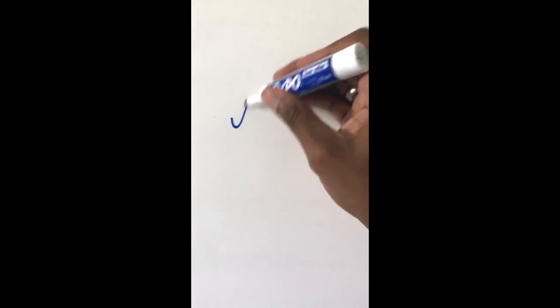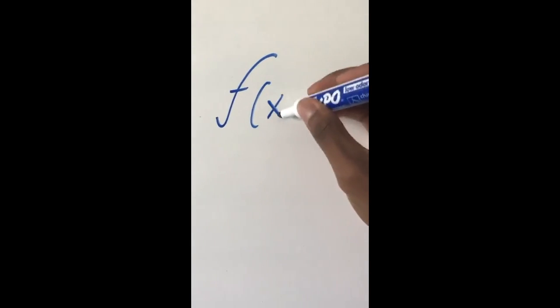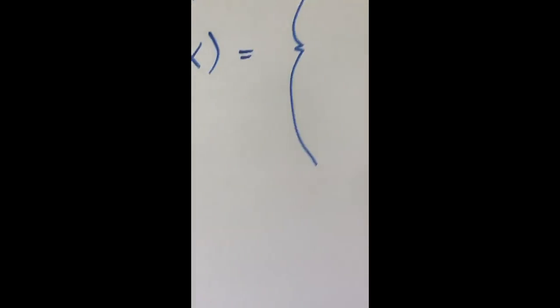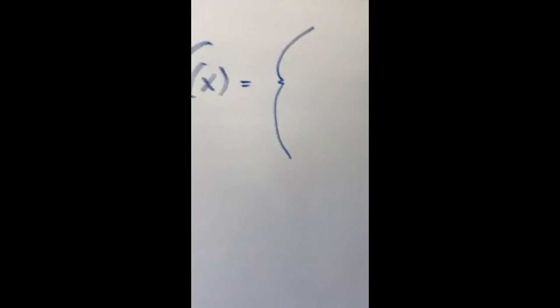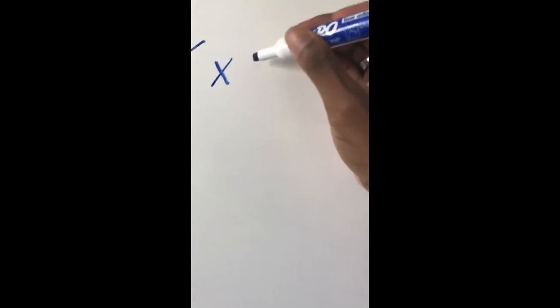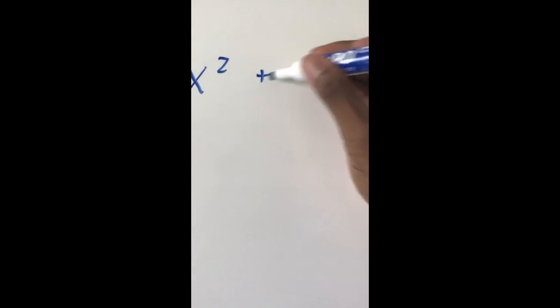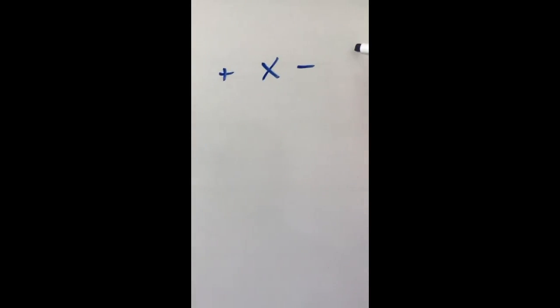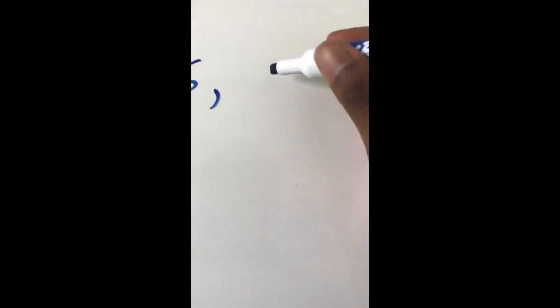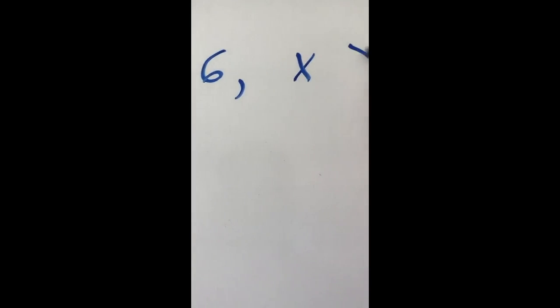So now on to those 2 examples that I was talking about earlier. So the first one is a piecewise function. So we've got f of x equals x squared plus x minus 6 when x is less than 2.